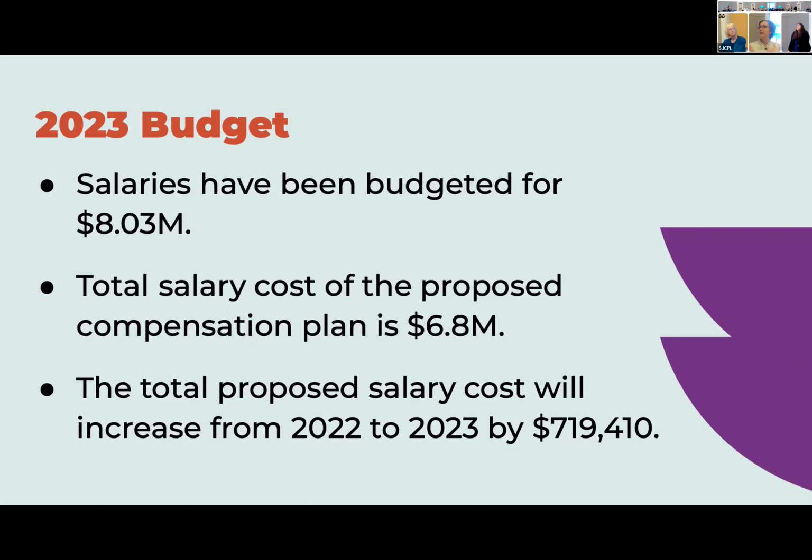The state sets those numbers with the assumption that we'll be able to collect that much more revenue based on what's going on in the economy. They use a 6-year average, which gives them a good sense. Growth this year is huge, but a couple of years ago it wasn't, so that balances it out. That would be a factor we would use in determining how much we can move forward.